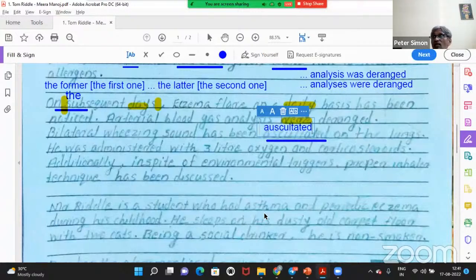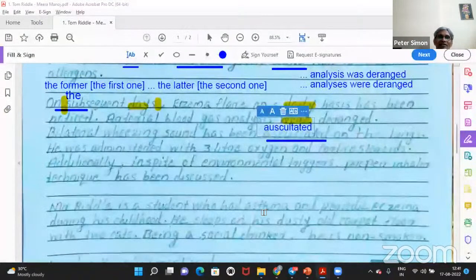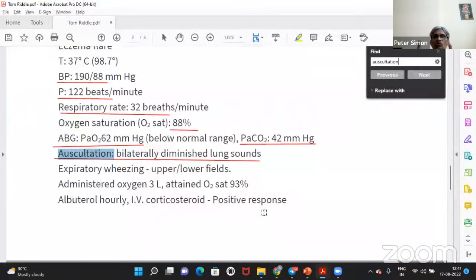Dynamic angle. Dynamics are three. One is neutral. Second one is increasing. Third one is decreasing. So this wheezing, bilaterally diminished. Diminished means downwards. The trend is going down. The sounds are decreased.